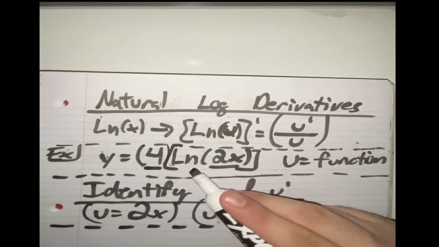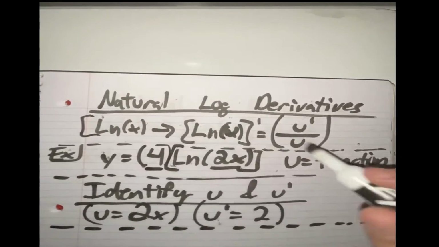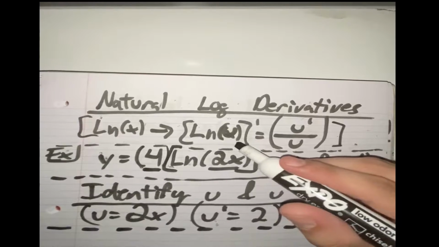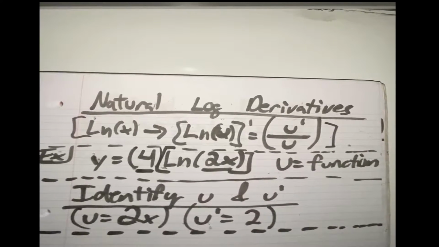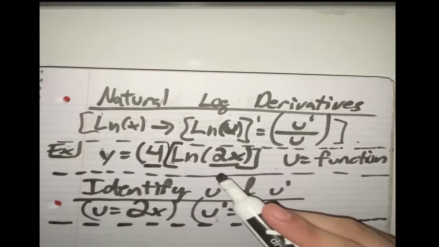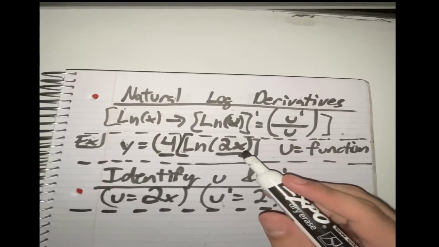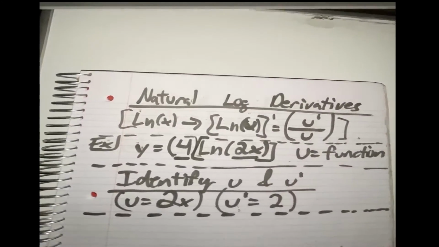Whatever constant you have in front of your natural log does not apply in this formula. This formula only takes into account what's inside the function, not what is outside. So do not take into account what's in front of the natural log, but whatever constants are inside the function of natural log, do take them into account because they are necessary for solving this.